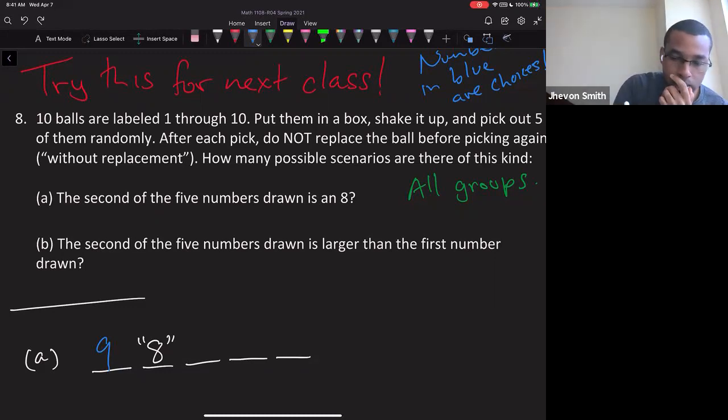Well, the sampling is without replacement, which means that once I've chosen one of the 9 choices to put in the first slot, I now have 8 choices left for the third slot, and so on.